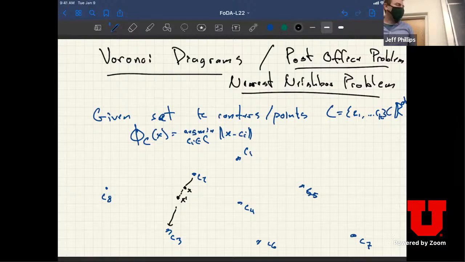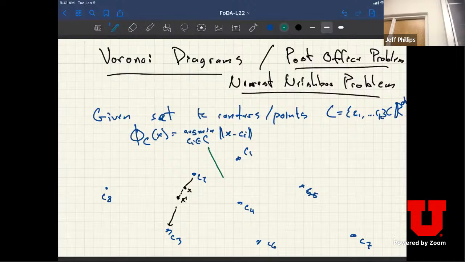So I want to know, when do I switch allegiance from C2 to C3? Typically you would try to draw these boundaries. Let's look between C1 and C2. There's a boundary line where on one side it maps to C2 and on the other side it maps to C1.